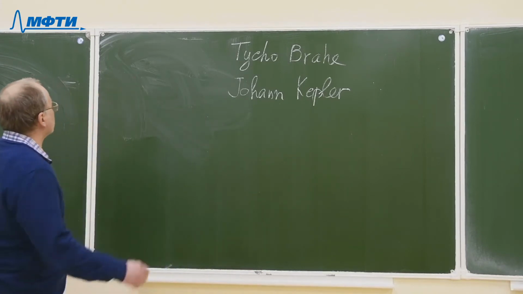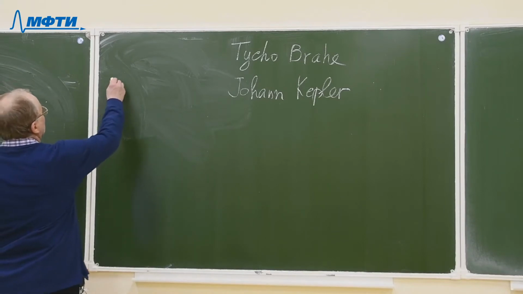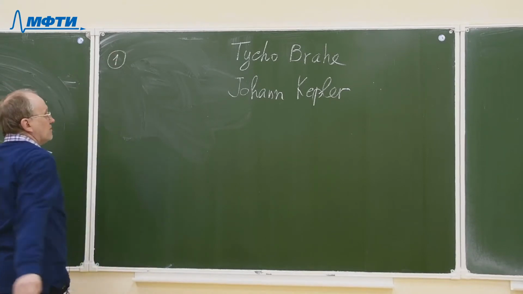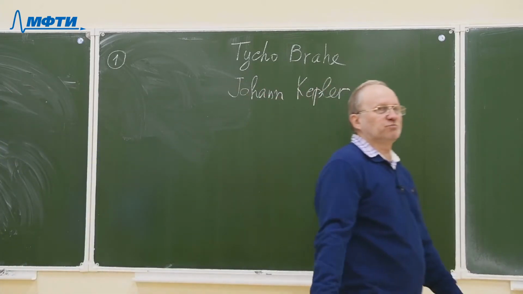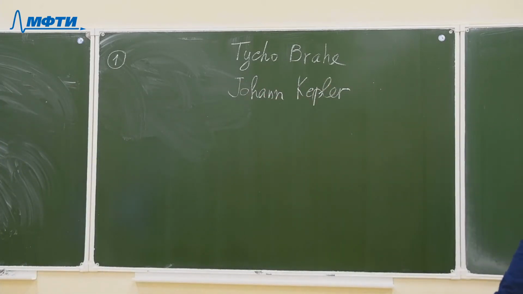What were the laws of Kepler? You remember, the first law formulates something like this. Each planet moves along a trajectory around the sun, which is flat. First of all, the trajectory lies in a single plane. It's not a three-dimensional curve, it's a two-dimensional curve. That's the first fact.